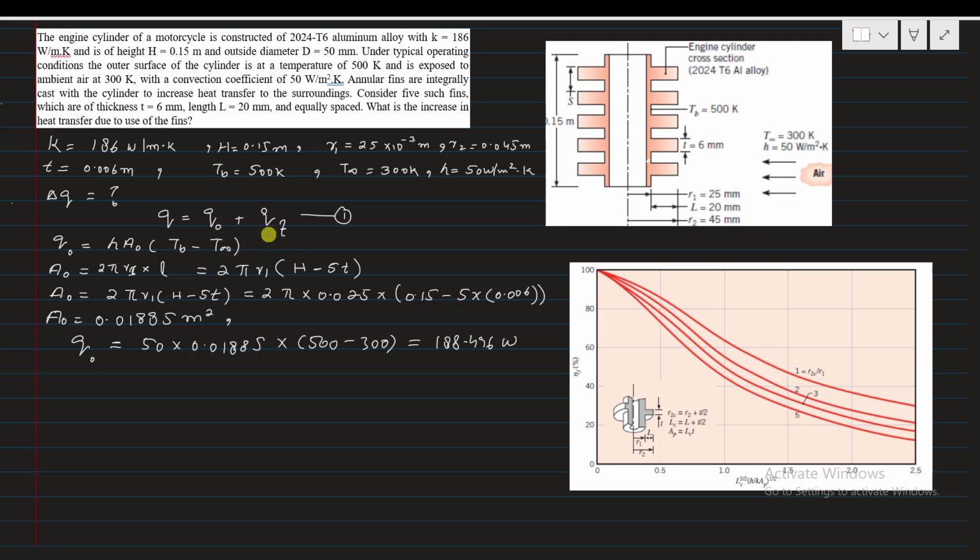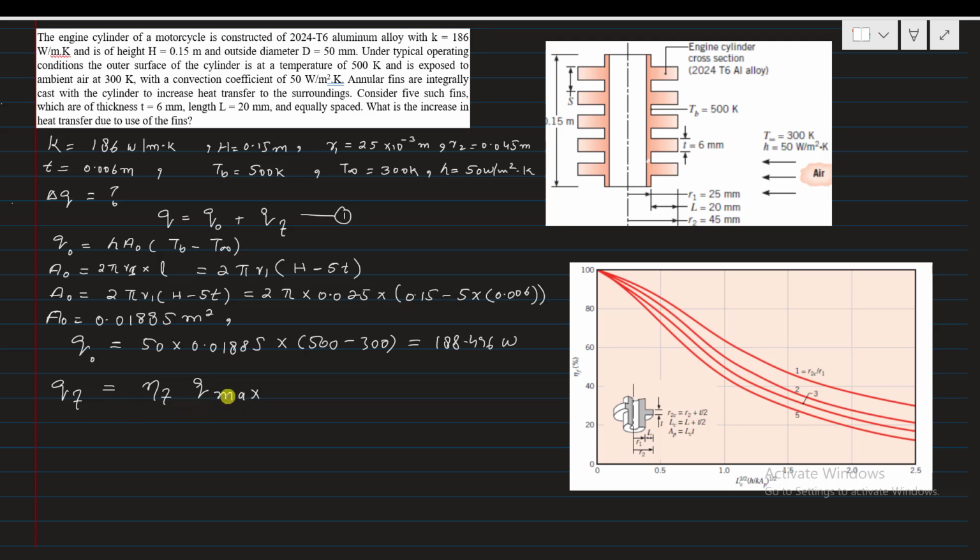Now next we need to find the heat transfer by the fin. So this is the QF we need to find, and it is equal to the efficiency of the fin and the maximum heat transfer that can be transferred by the fins when they are at the base temperature Tb.